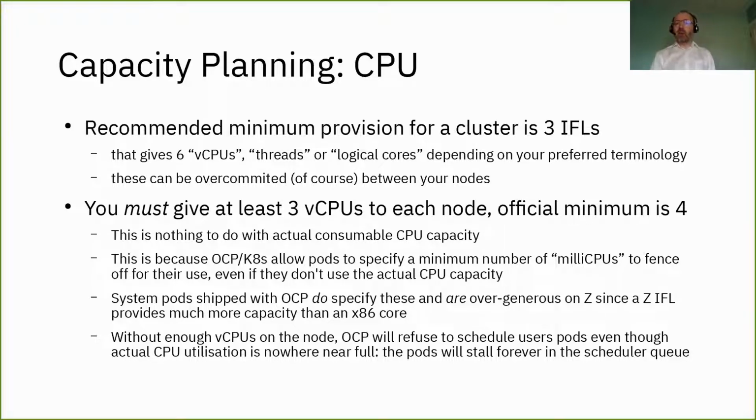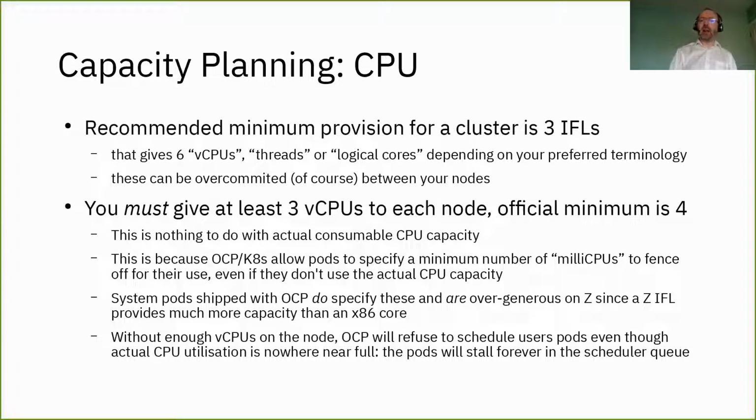Recommended minimum provision for a cluster is 3 IFLs, if you read the official support statements and recommended statements. SMT is on, so effectively you have 6 vCPUs or threads or logical cores, and those are doled out between the nodes running on that KVM or those LPARs that are sharing the 3 IFLs.